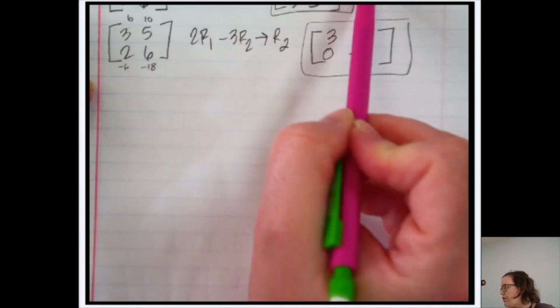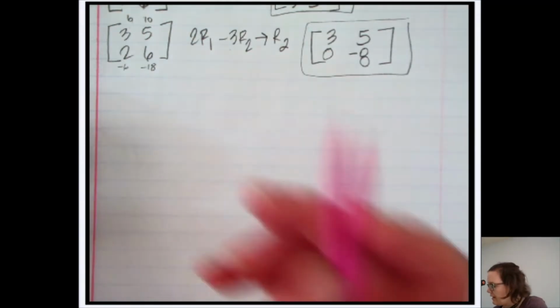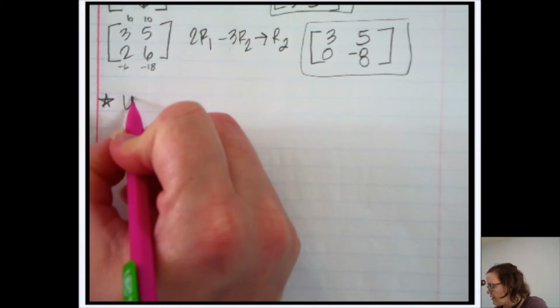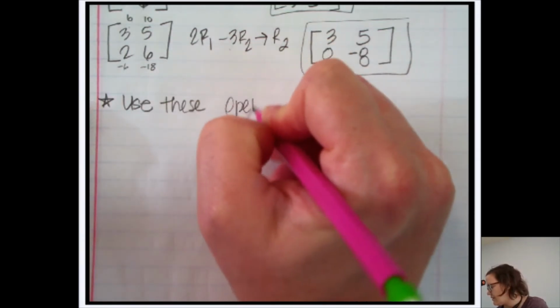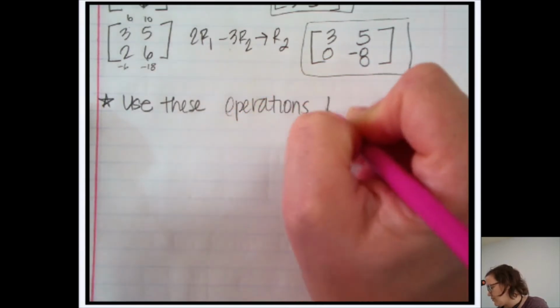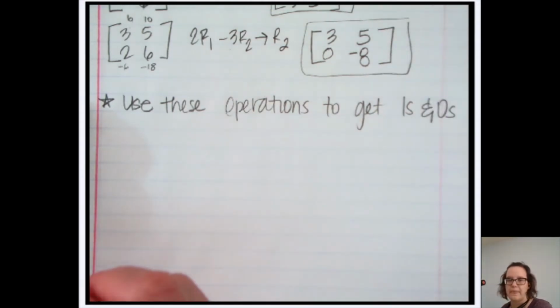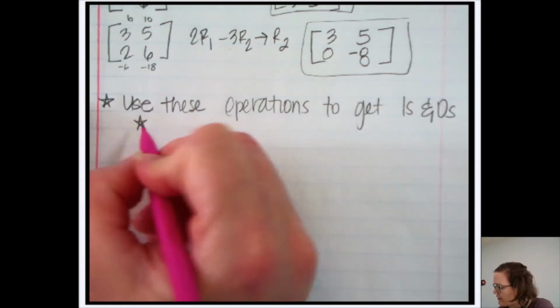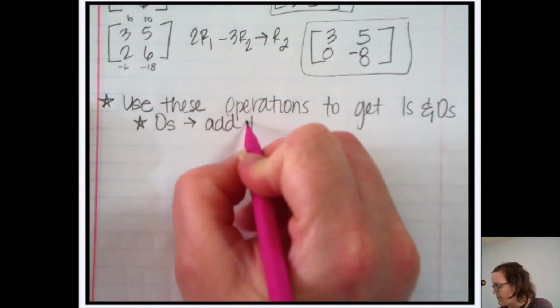Those are row operations. We're going to be using those to help us out with Gaussian elimination. We're going to use these operations to get ones and zeros as needed. Now, a quick note: if I want to get 0, you're going to add to get opposites.